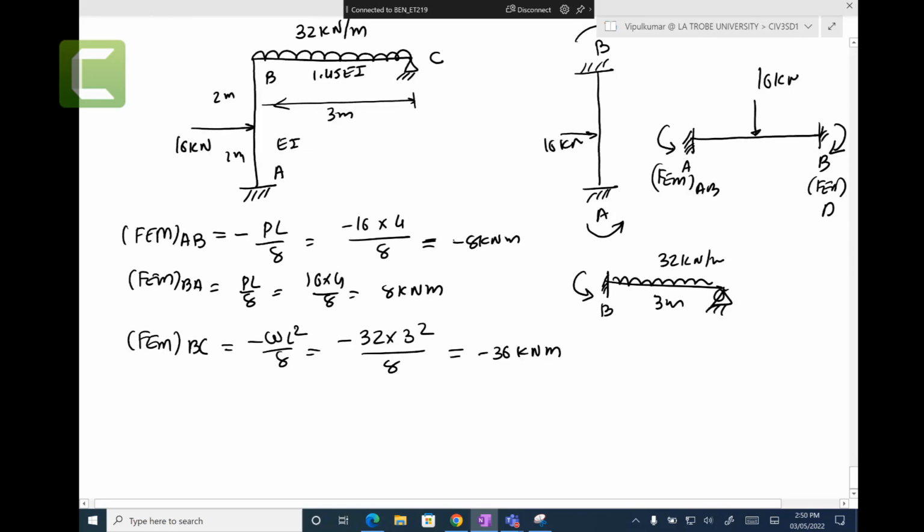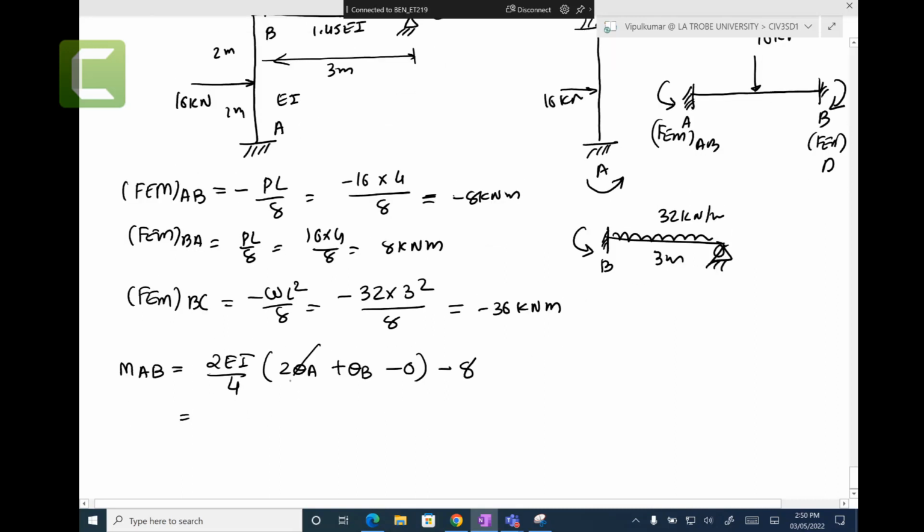Now slope deflection equations. MAB equals 2EI on 4, theta A is 0, but let's write it down: 2 theta A plus theta B minus 0, no settlement, plus fixed end moment minus 8. Theta A is 0, so EI on 2 theta B minus 8, MAB, equation number 1.